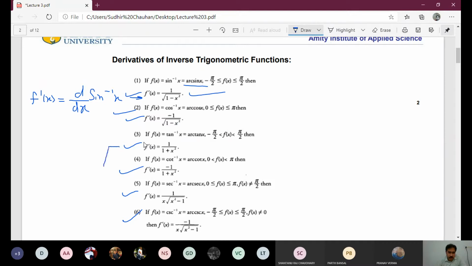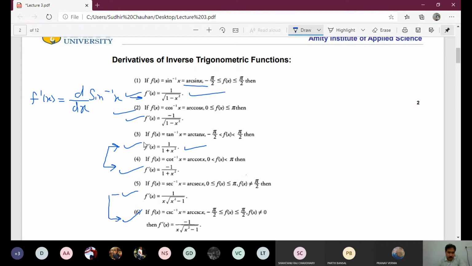Similarly, there is slight difference between tan x and cot x. If f(x) is tan inverse x, then its differential is 1 upon 1 plus x square, and if f(x) is cot inverse x, its differential is minus 1 upon 1 plus x square.